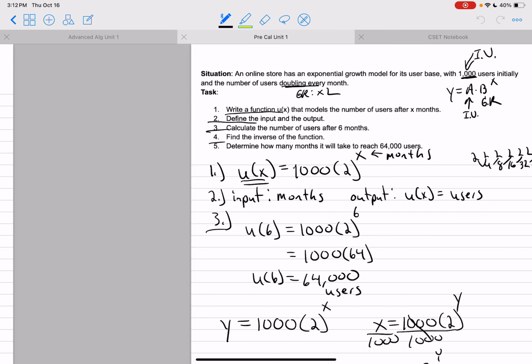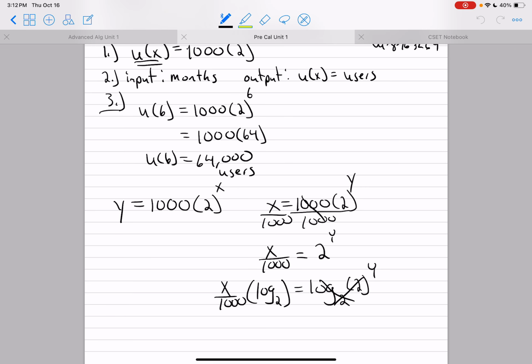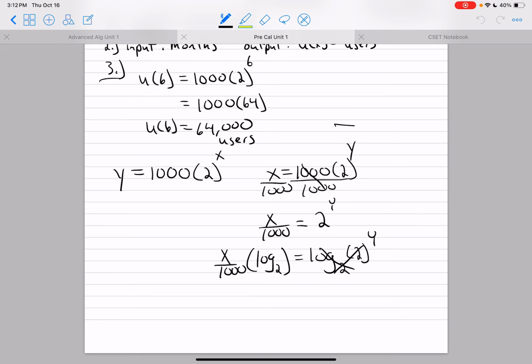All right, let me check something real quick. Inverse functions. Now, we haven't actually hit the logs, I'm recognizing, so everything up to here would be good. You guys would have a hard time finding this inverse function because we actually haven't hit logs yet this year. So we'll keep this one right like that.